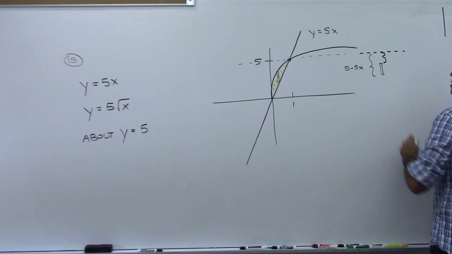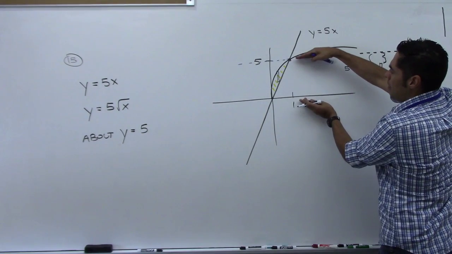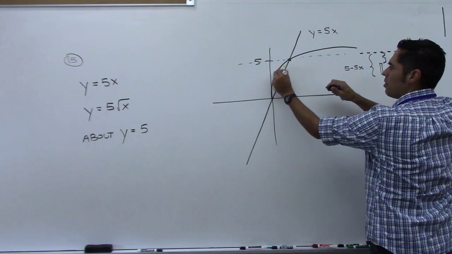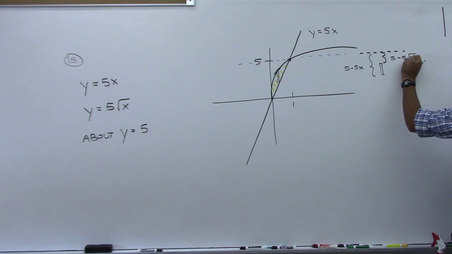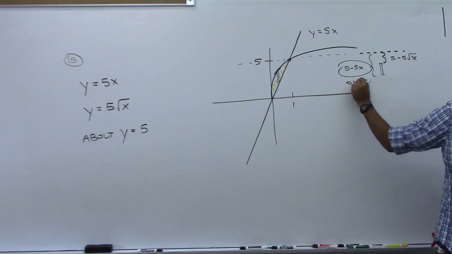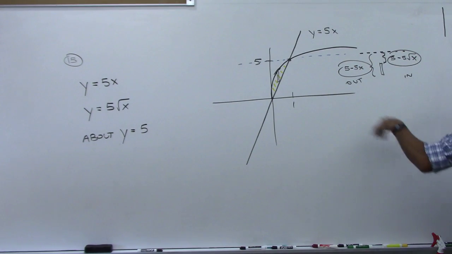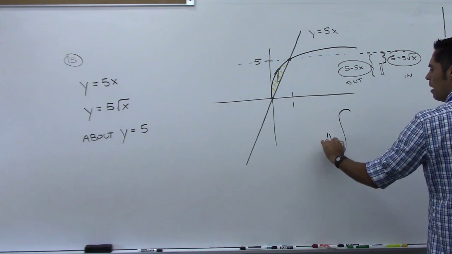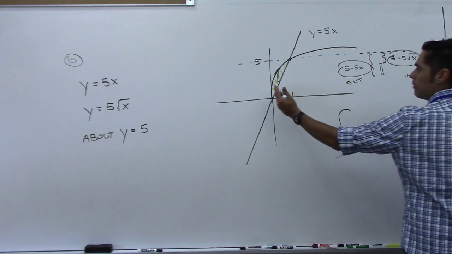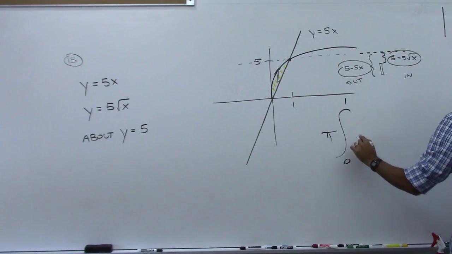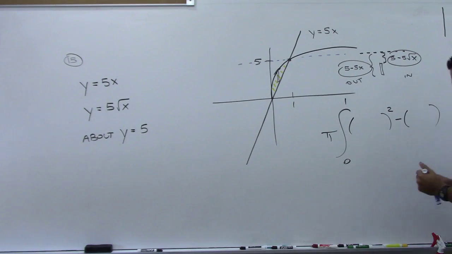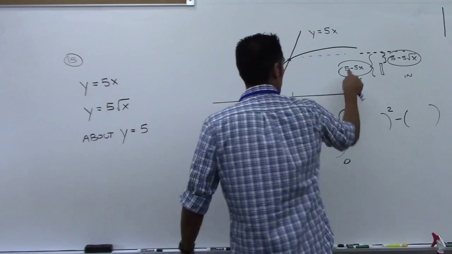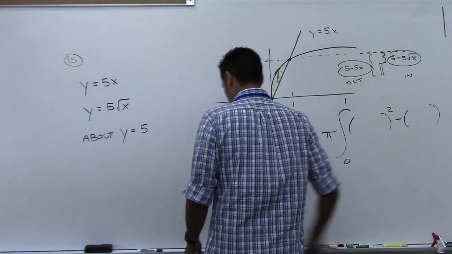This one, the inner radius, is the 5, but then take away this curve, which is the 5 root x. So this is your out, this is your in, and then you set up the formula, integral pi. We're going to integrate from 0 to 1, the out squared minus the in squared, and I'll let you finish it up. Out squared, in squared.